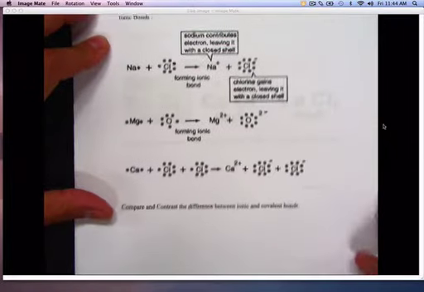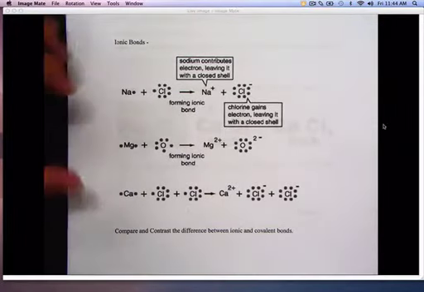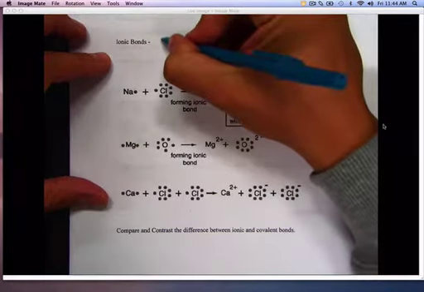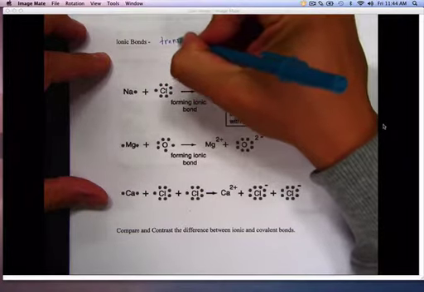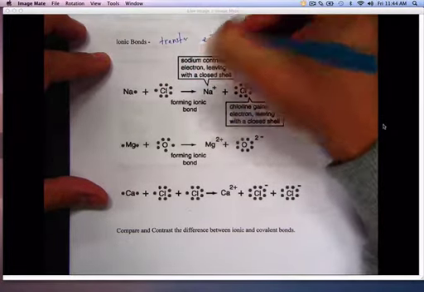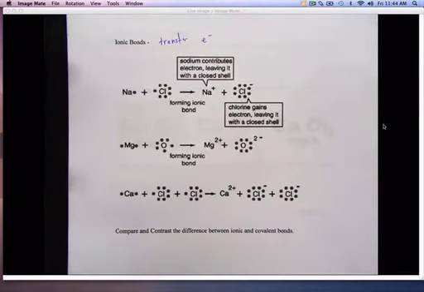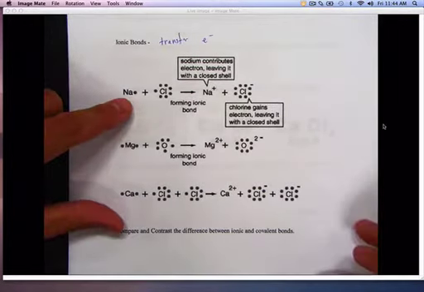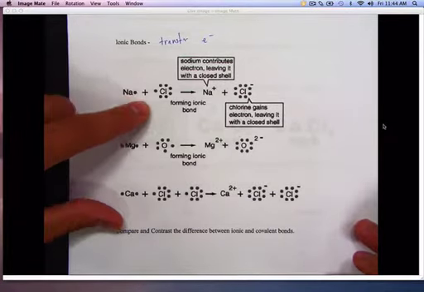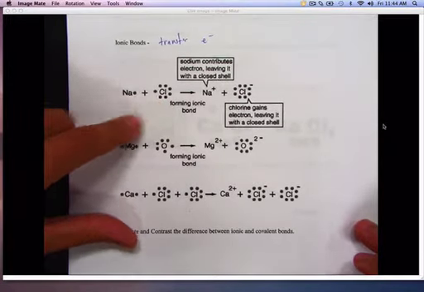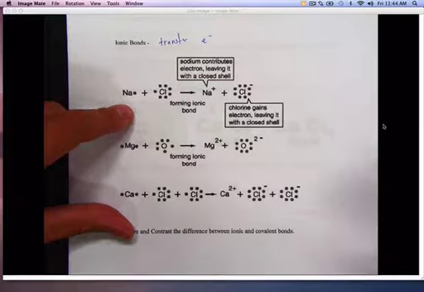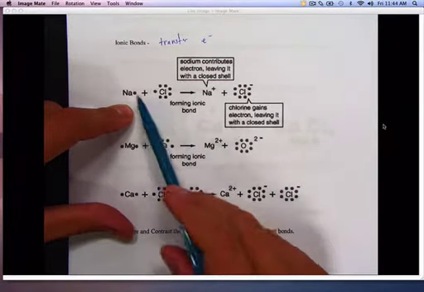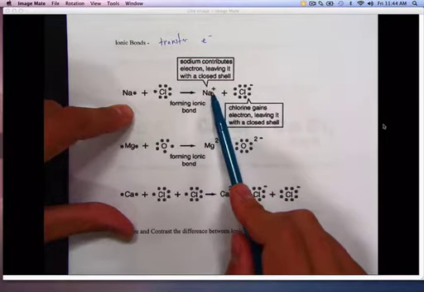Ionic bonds are kind of the opposite, so to speak. Ionic bonds are going to transfer electrons. In other words, one's going to give electrons, the other one's going to receive them. For example, sodium has 1 valence electron, chlorine has 7. The best thing for sodium to do to get stable, to get that outer valence of 8, is to give up its electron and form a positive ion.